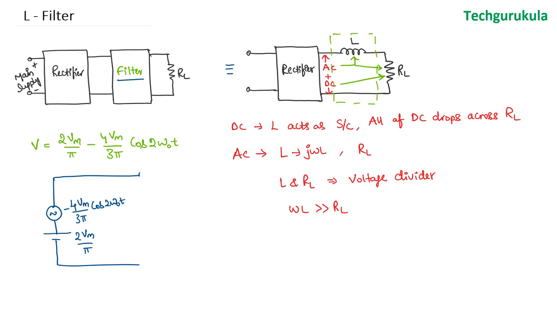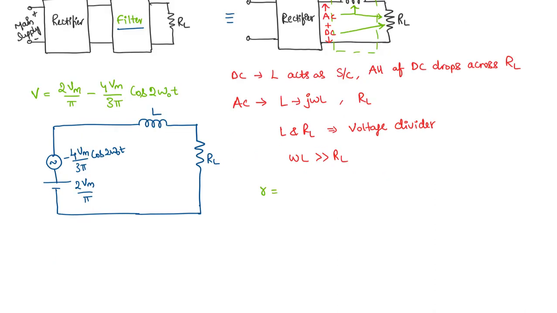Now let's connect this through the inductor and the load resistor. Ripple factor is given by the RMS value of the AC component at the output divided by the DC component at the output. We know the DC component at the output, because the DC value gets dropped directly across the load resistor, since for DC the inductor is a short circuit.